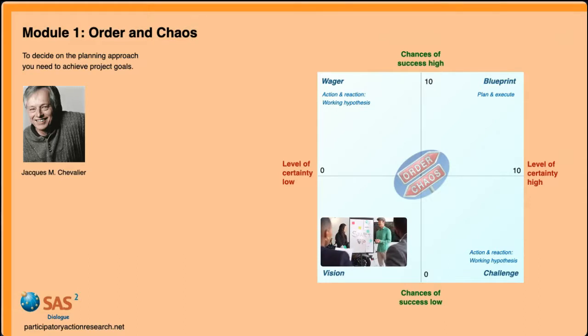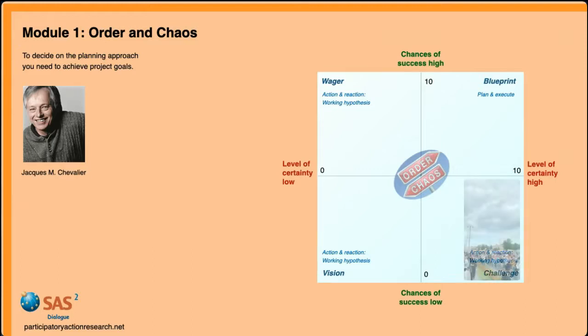A plan made in the bottom left quadrant is like a vision or a dream, an ambitious idea that seems worth pursuing, even though little is known about what it means and whether existing conditions are ripe for making it happen. A plan made in the bottom right quadrant represents a challenge, an outcome that will be hard to achieve for reasons you fully understand, like resolving an old conflict.